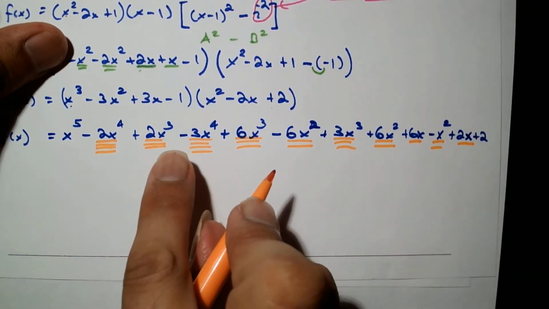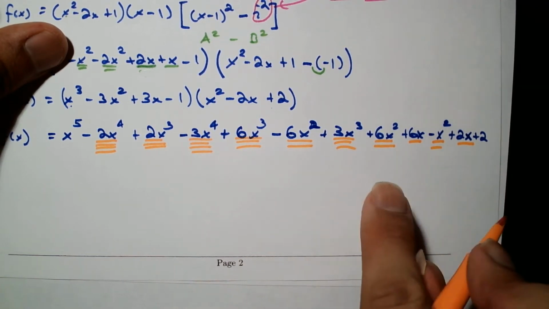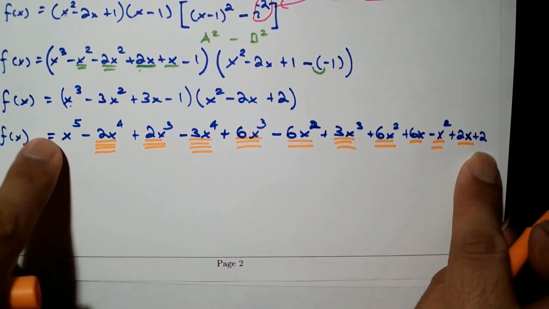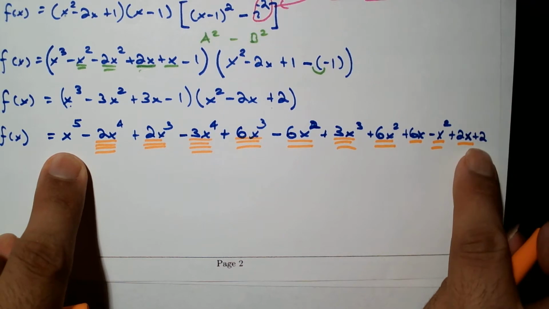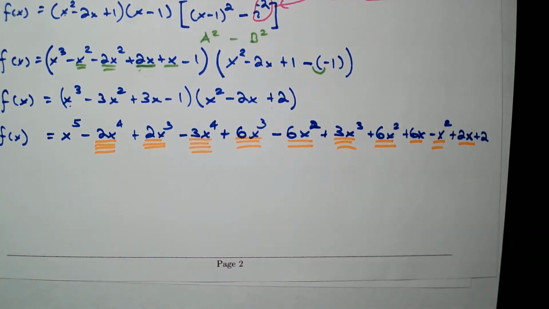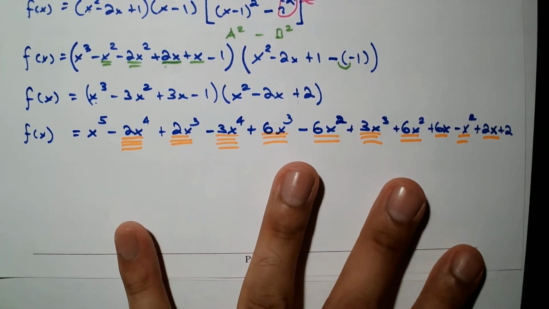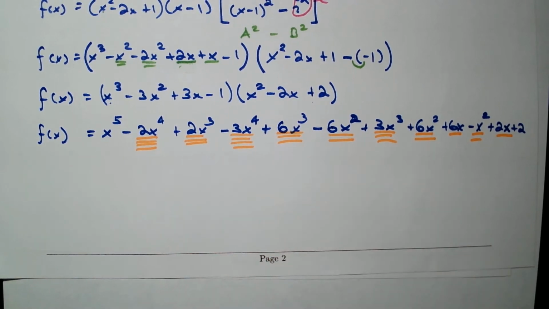So quartics, cubics, quadratics, and linears, and everything else, the quintic and the constant term, are going to remain the same. All right.